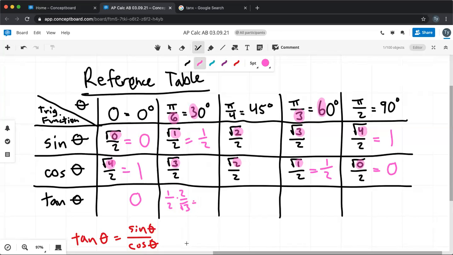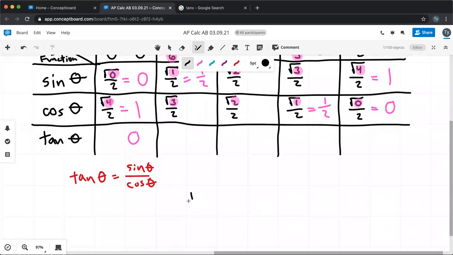And if we, let me write this out. So 1/2 divided by root 3 over 2 equals 1/2 times the reciprocal of this fraction, 2 over root 3.